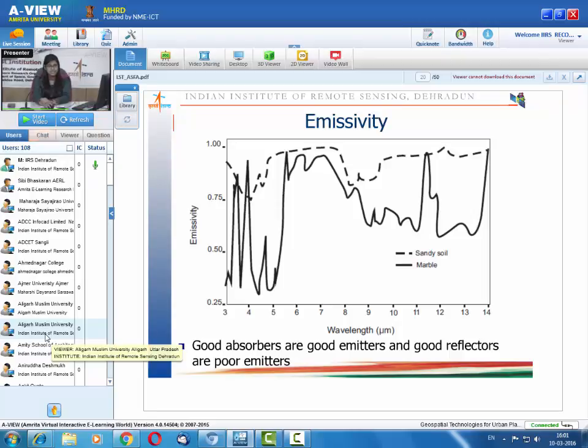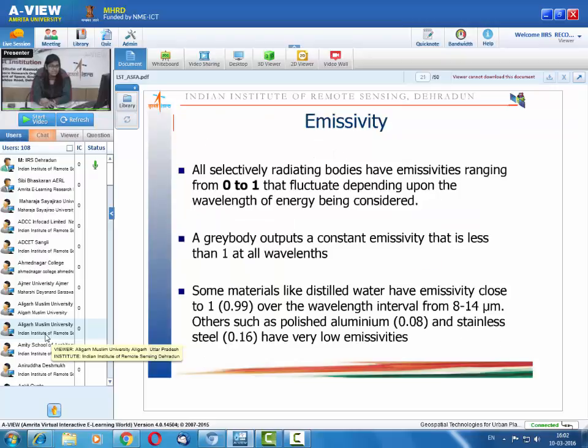Kirchhoff's law again says that good absorbers are good emitters, and good reflectors are poor emitters. So how am I going to relate this? Good reflectors, like the tin surface on an industrial shed, are very good reflectors. That means the emissivity there is going to be very, very low. So let us see if it is like that or not.